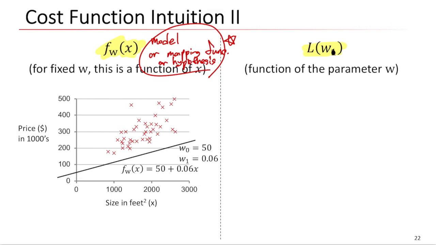Actually, it's not W1. It should be W equal to W0, W1, because in this example we consider two variables. So the mapping function means, for fixed parameter W, this is a function of X, and the loss function means this is a function of the parameter W, something like this.